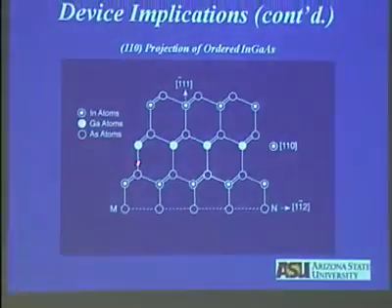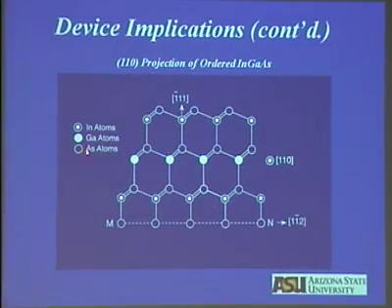If you take the extra half plane of an edge dislocation in indium gallium arsenide, this is ordered. You see the dislocation terminates in the group 5 element.